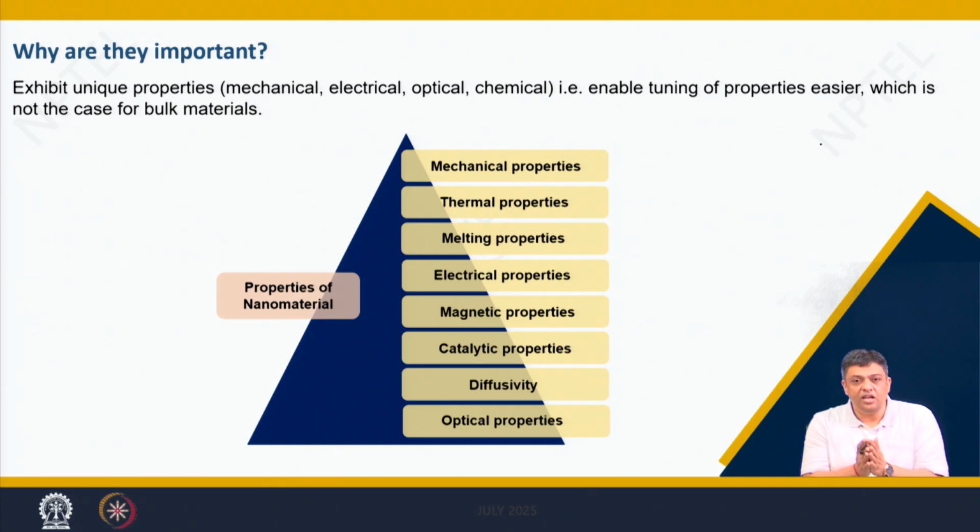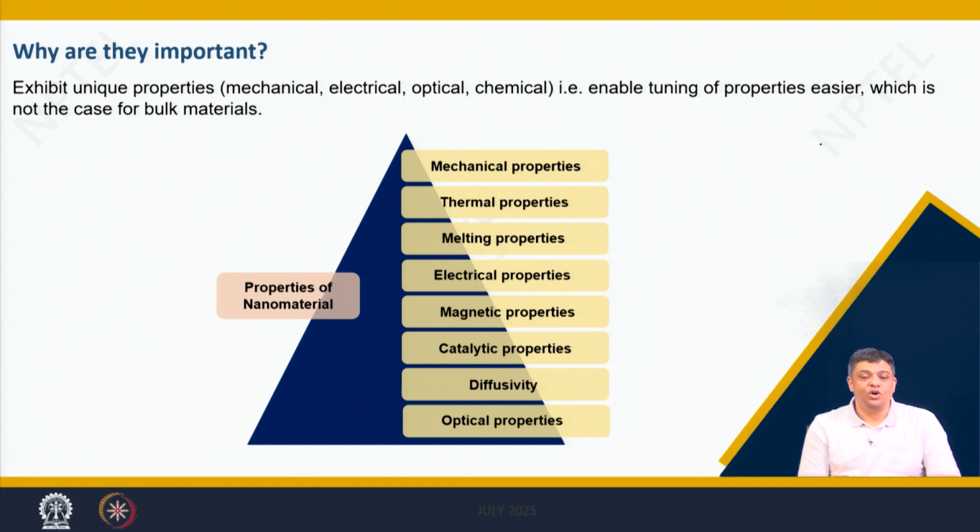The reason is because the physical, chemical, electrical or mechanical, even optical properties decide the usefulness of a given material. So, if you can tune the properties of these materials, that means you are opening new avenues for the application of these materials.